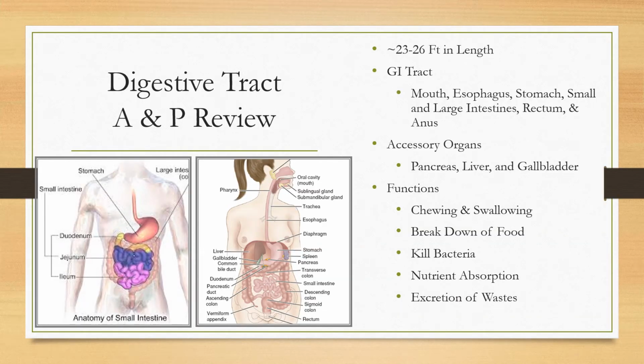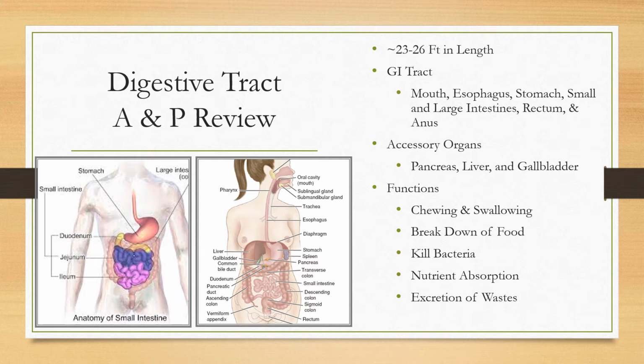Okay, so a bit of a review here from pathophysiology and A&P about the digestive tract. In actual fact, on the next slide, I have an enlarged image of these two. So let's just look at this in general first. The gastrointestinal system is about 23 to 26 feet in length. Okay, most of that is actually going to be the small intestine, right?